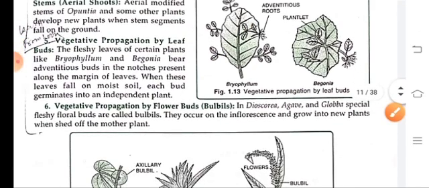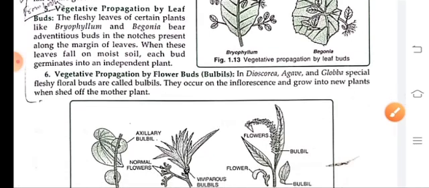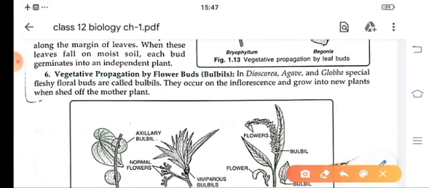Now vegetative propagation by flower buds or bulbils. Then Dioscorea, agave and globba have special fleshy floral buds, known as bulbils, present on the stem of the plant. Now they are arranged as an inflorescence, and these inflorescences grow into a new plant when the mother plant sheds them.